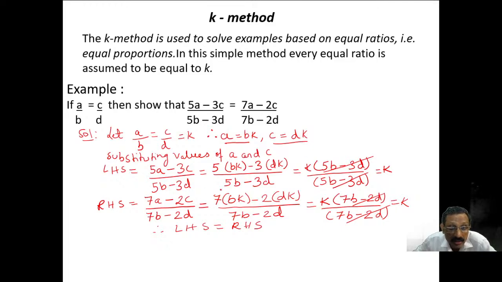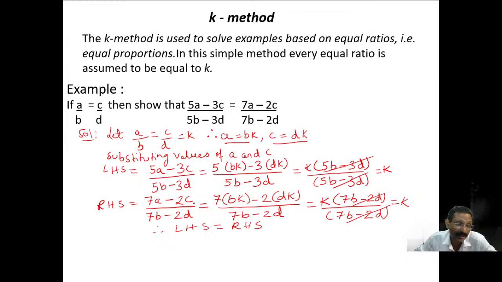In this method, we had taken a simple thing that every equal ratio is assumed to be equal to K. And when we assumed it, we got the value of A and C. We substituted the value of A and C, and then we got 5A minus 3C upon 5B minus 3D, and on the RHS also we substituted the values.